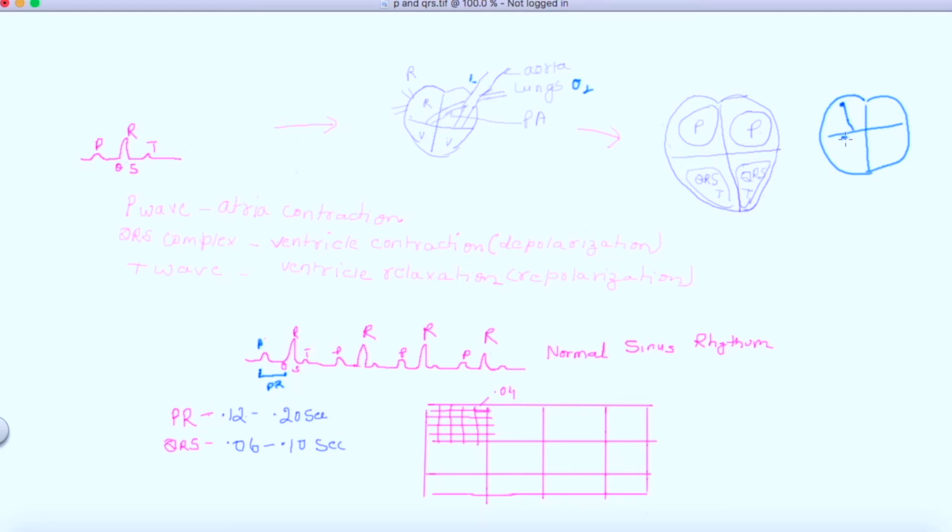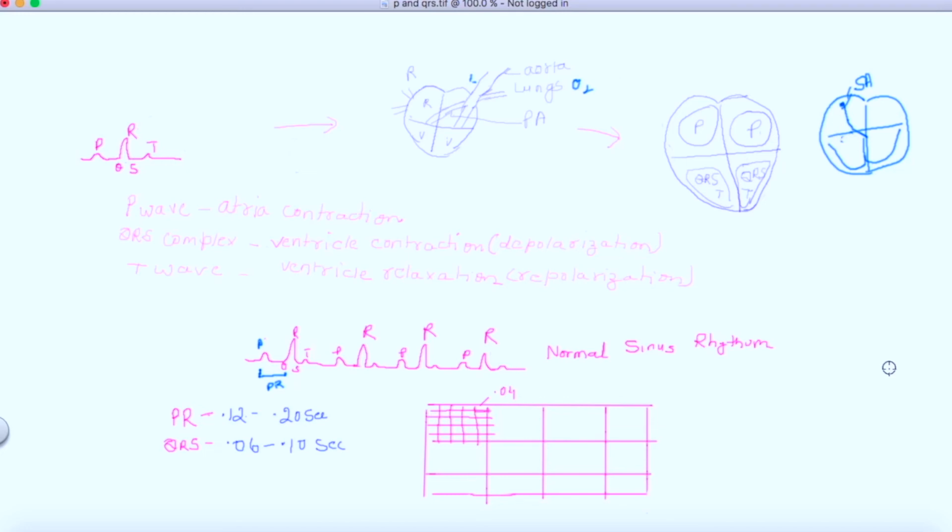So this one is our SA node. Then we have the bundle of His here, and after that we have the Purkinje fibers, right? So this one actually spreads like this. We have the SA node, which is our pacemaker, right here. Sorry, this is the SA node, and this one is the AV node. I think I wrote this wrong.